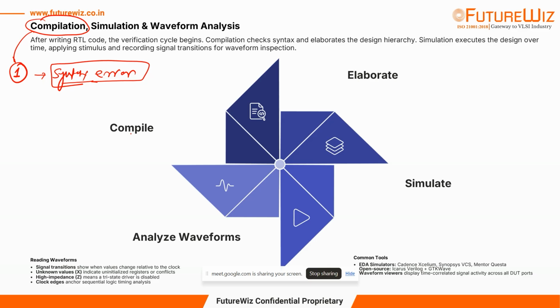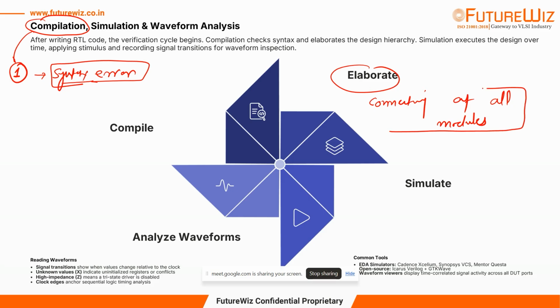Once it is done, then it will go with the elaborate step. Elaborate is simply connecting all the modules. It is not necessary that the DUT which you have written is one complete big block. It might be that the complete module is subdivided into small structures, so you have to connect them all, right?